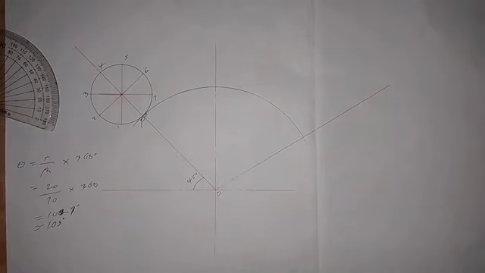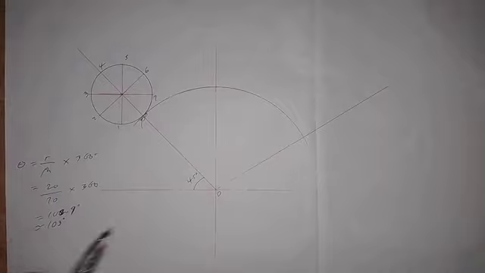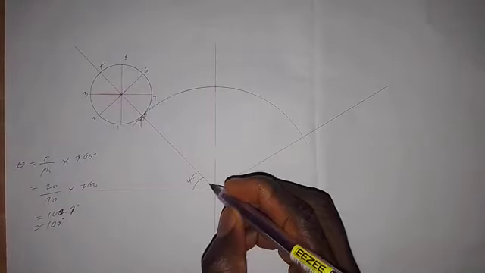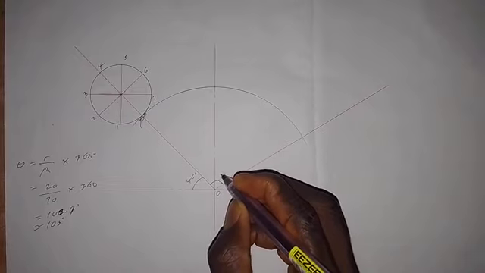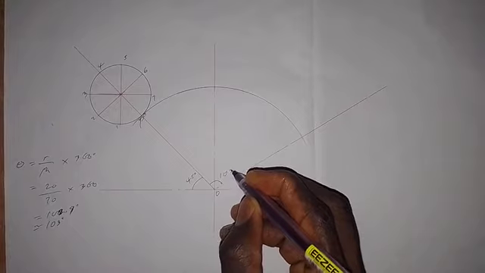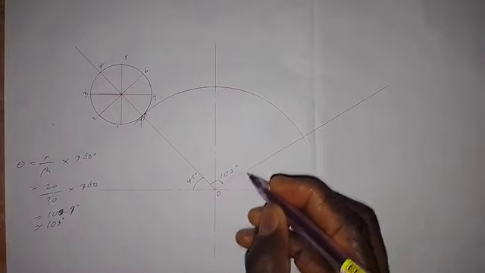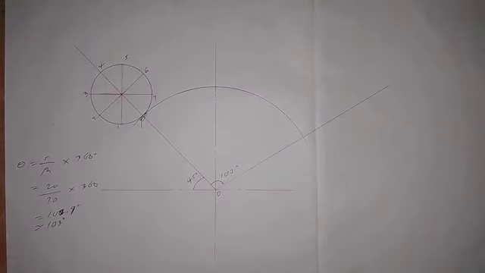Having done this, the next thing I'm going to do is to divide this angle. This angle is 103 degrees. I'm going to divide this 103 degrees into 8 equal parts, as we have divided this circle into 8 equal parts.